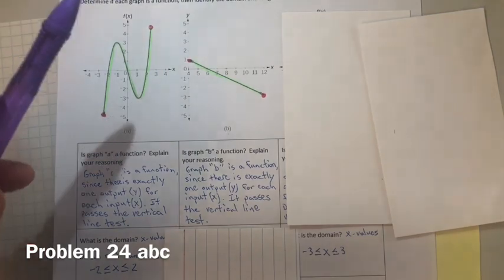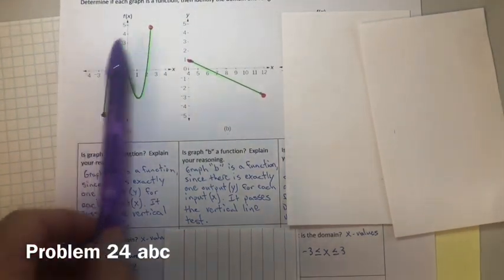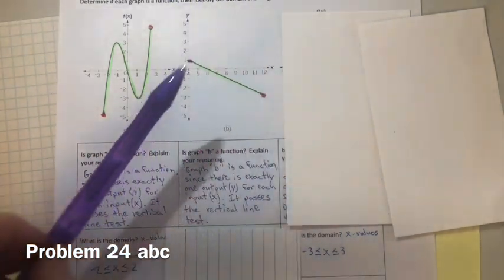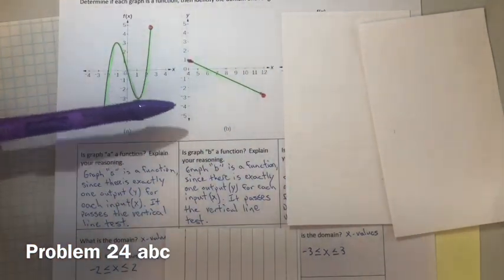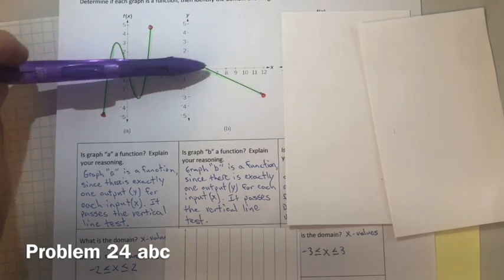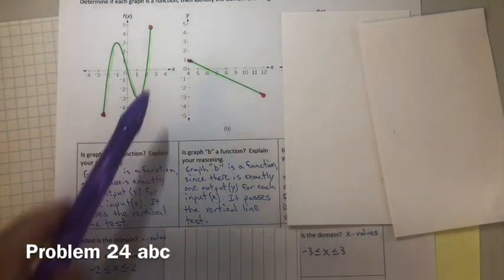24b, is graph B a function? And explain your reasoning. Well, it passes the vertical line test. And if you notice, there's exactly one output for each input. So this is a function.